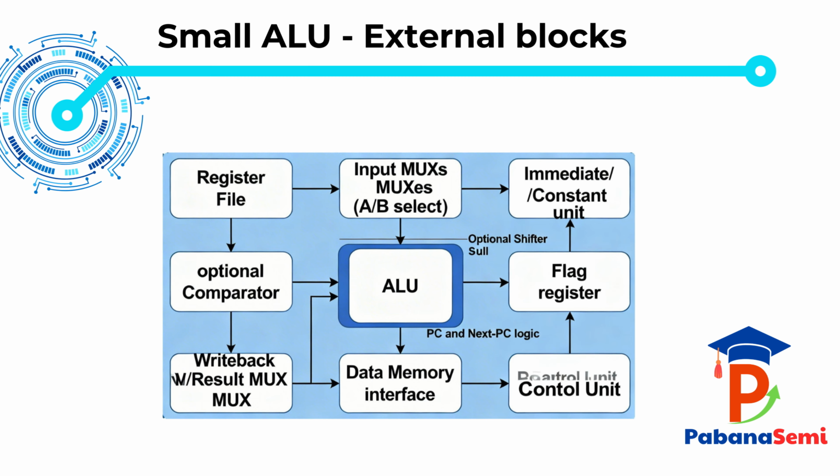After computation, the result goes through a write-back or result MUX, which decides what value is written back into the register file. Finally, everything is orchestrated by the control unit, which generates control signals, selecting MUX paths, enabling writes, and choosing the ALU operation. So the ALU is not isolated. It sits at the center of a coordinated data path, working together with registers, memory, flags, and control logic to execute instructions.